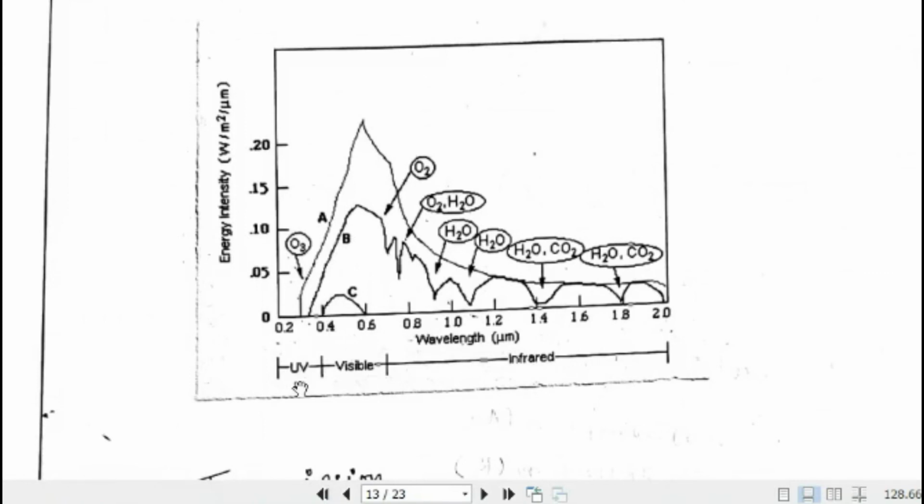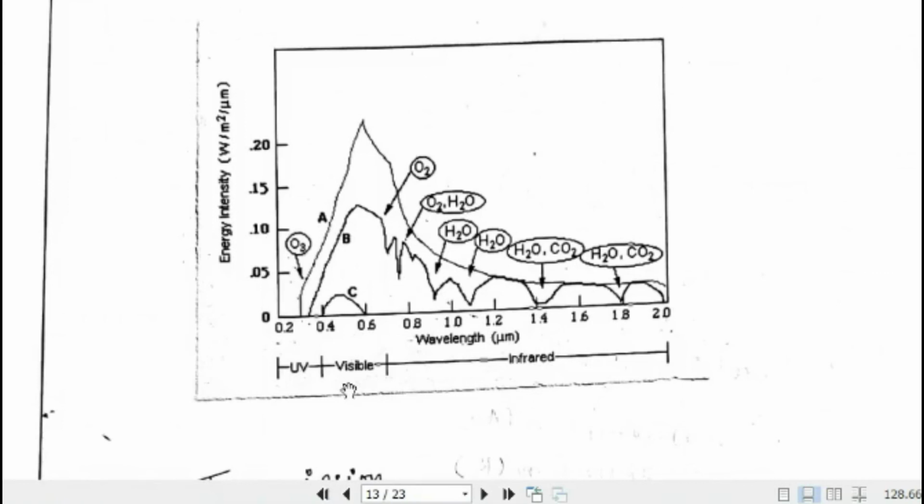Here most of the ultraviolet rays are absorbed by the ozone, as mentioned here, and the wavelength is increasing towards the right side. As the wavelength increases, you can see how the different constituents absorb the different radiations present in the electromagnetic energy.